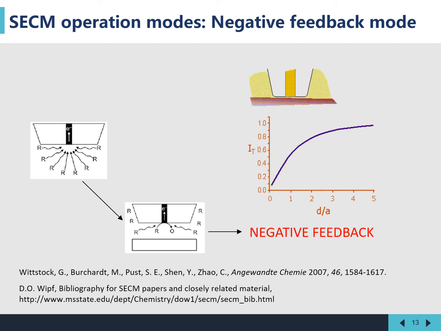So if you plot the normalized distance versus the current that you measure, such as the plot on your right-hand side, the current decreases as the distance decreases. So in this case, by using SECM, you can understand the topography of the sample surface by using negative feedback mode.